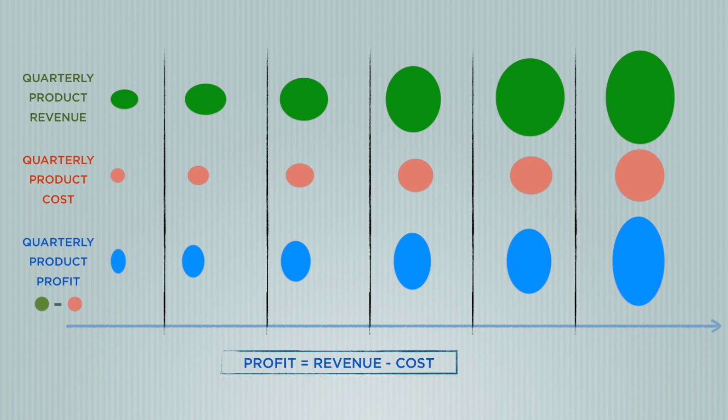So all the blue stuff that I show there is all the green minus red. Revenue coming in minus the amount that goes into making the product becomes your quarterly product profit. This is not talking about company profit. It is only talking about this particular product's profit.